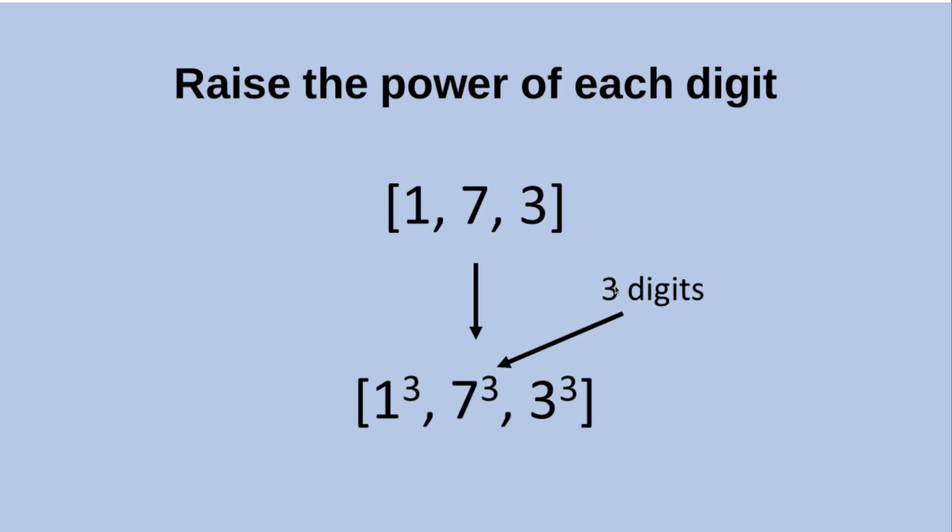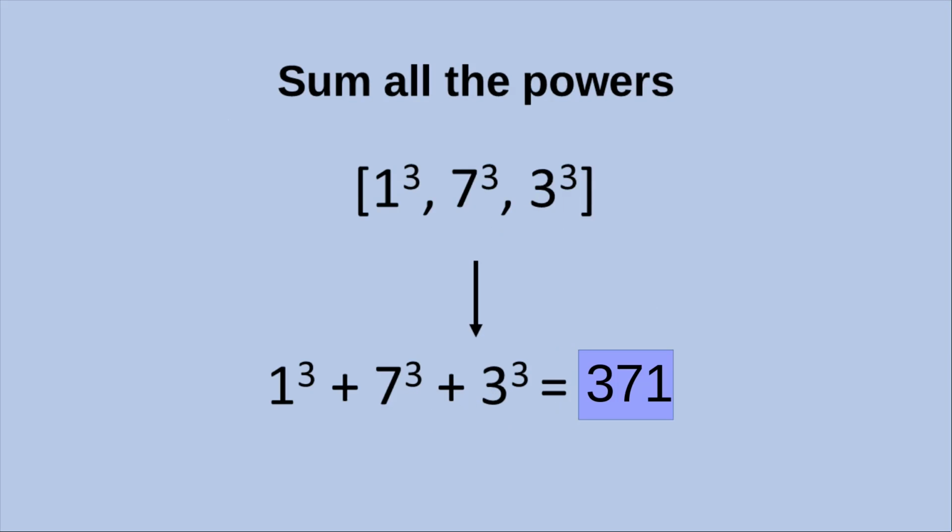Because 3 is equal to the number of digits in this list that stores the digits. So after getting the powers of the digits, how can I continue? I just add up all the powers to get back the number at the beginning, which is equal to 371. So we can see that the Armstrong number is shown according to the previous algorithm.